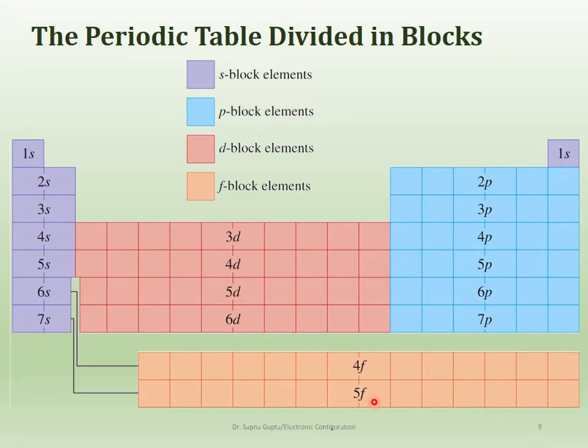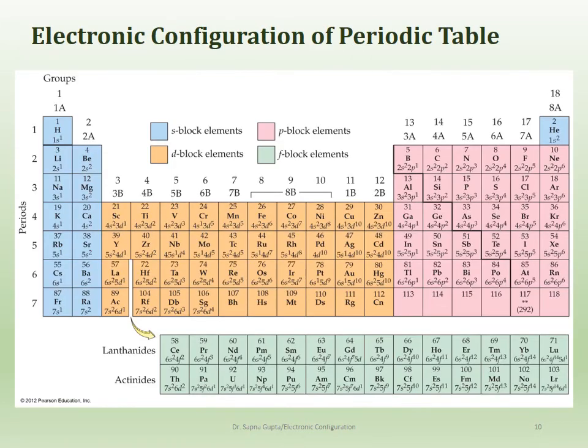There are not enough elements in the universe to have a 6F or a 7F yet. So this is how the periodic table is divided into different blocks according to electronic configuration.